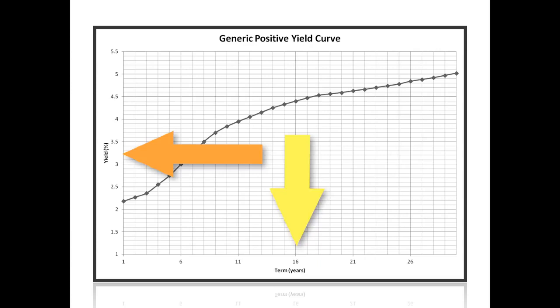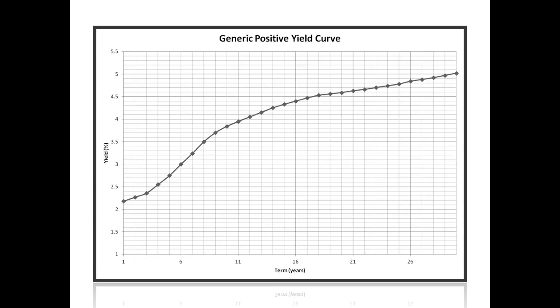As we look at this particular chart, this is considered a positive yield curve because it starts over there with the short term of 1 year, and the yield is low at about 2.3%. Okay, and then as you go further into the term, as you move right across the chart, that yield continues to increase, which naturally makes sense. You would think that this would be generally how all yield curves are, but they're not.